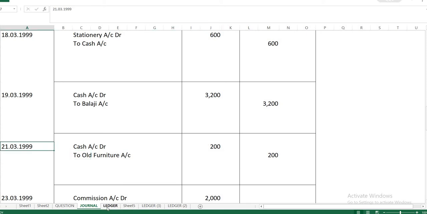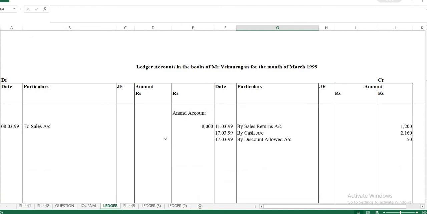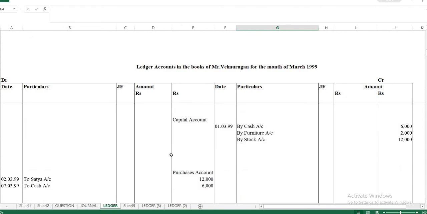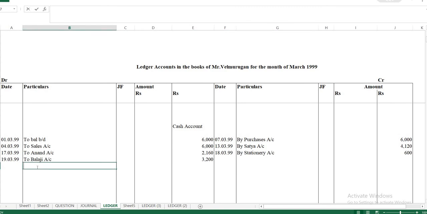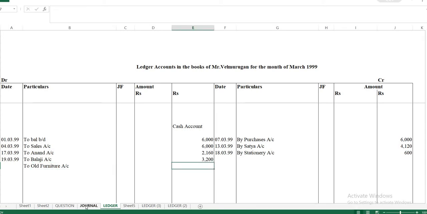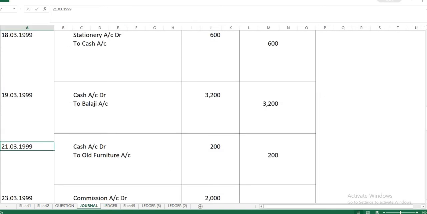So in cash account, let us fill it up first. So cash account to old furniture account, that amount whatever you are going to receive, 200 rupees, and the date is 21st March.